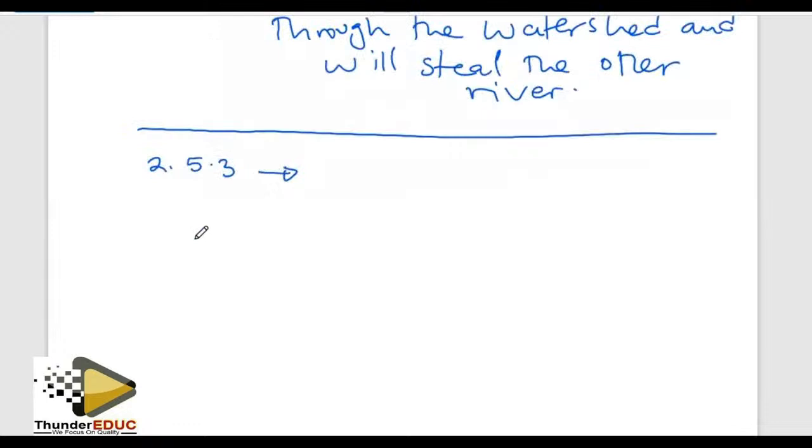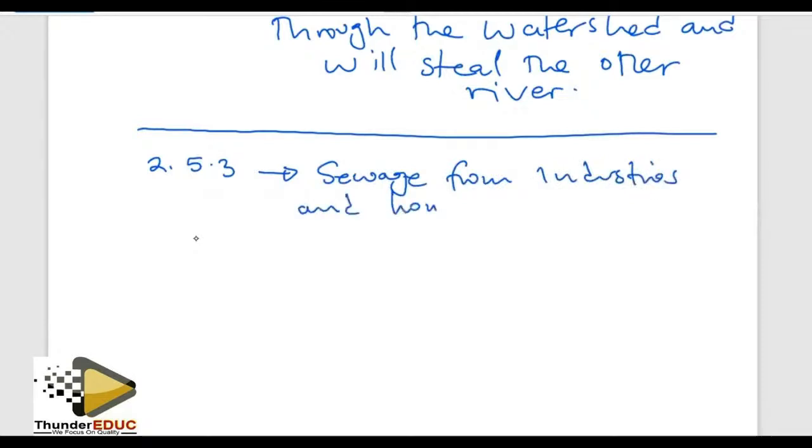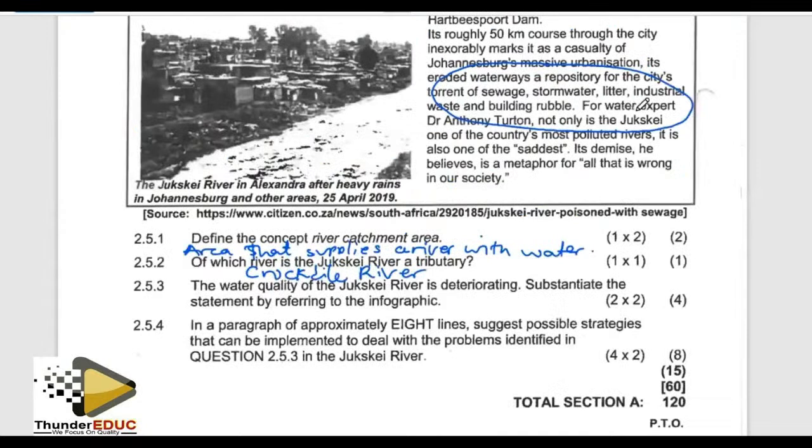So talk about sewage from industries and homes that pollute the river. That's one. Also identified this other part here about urbanisation.